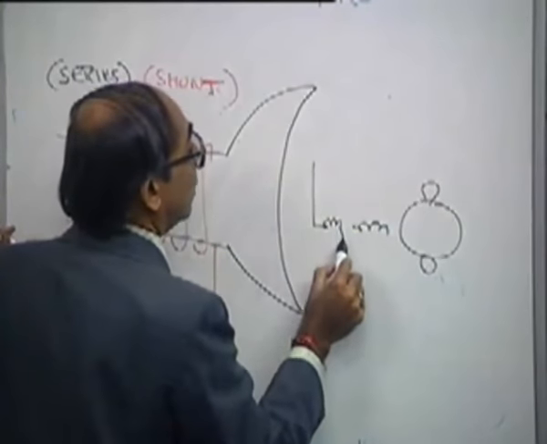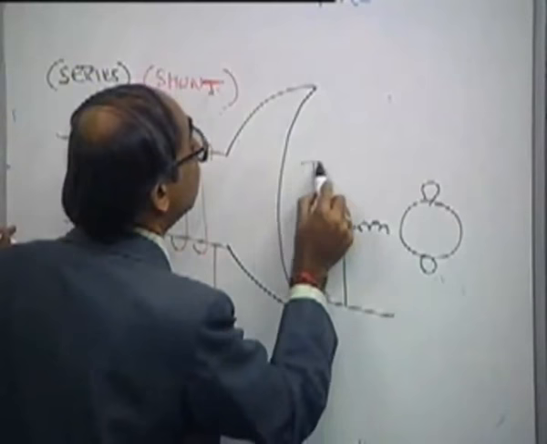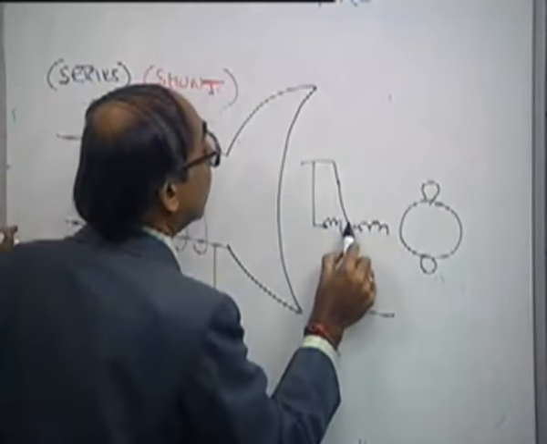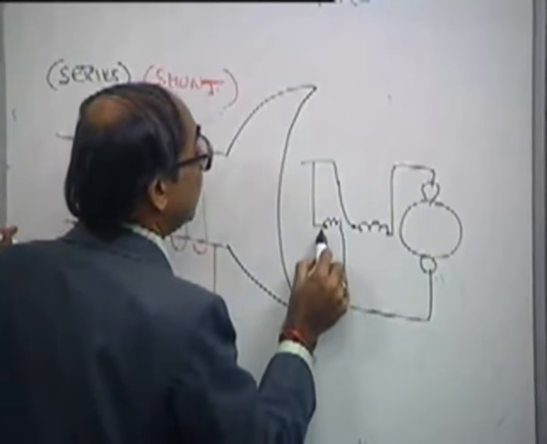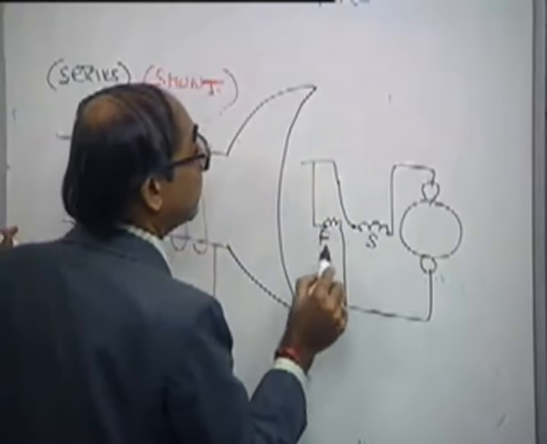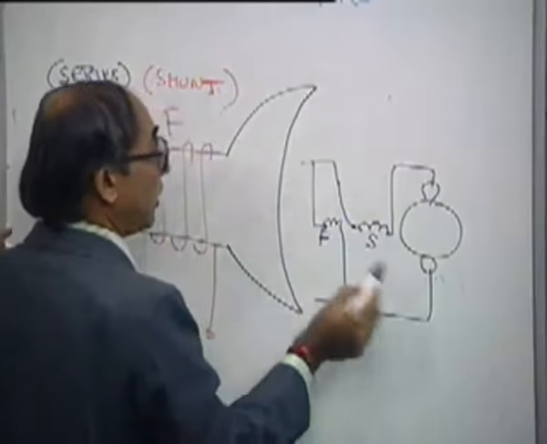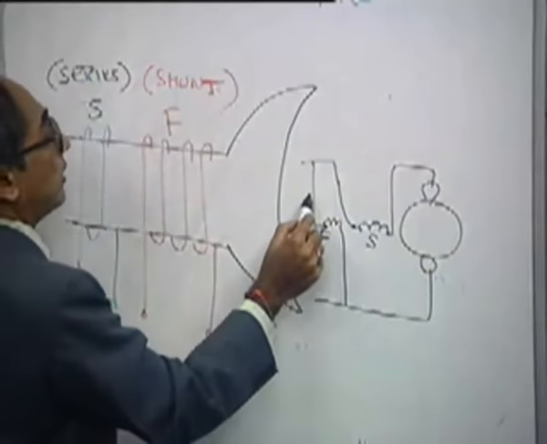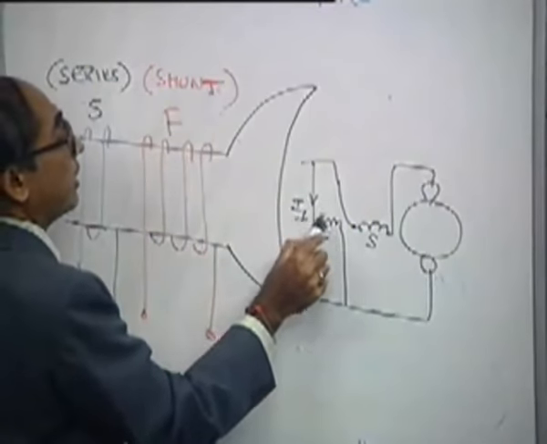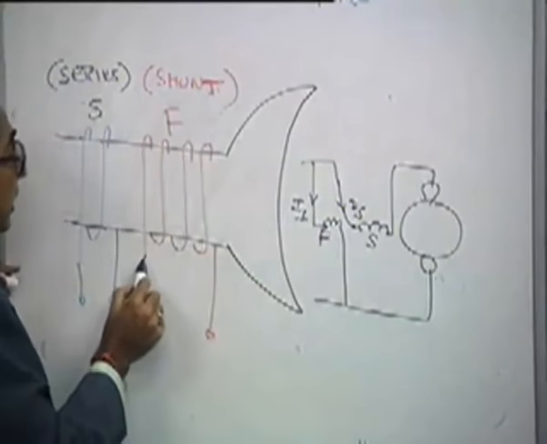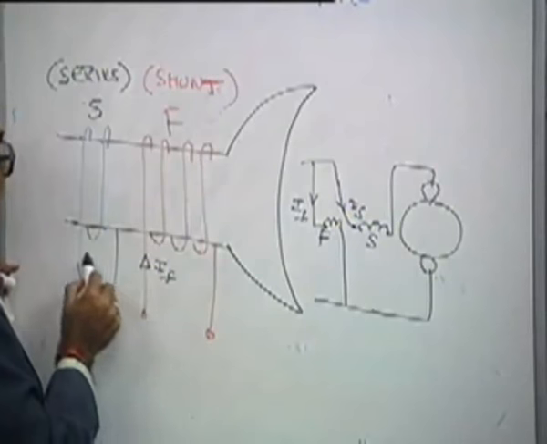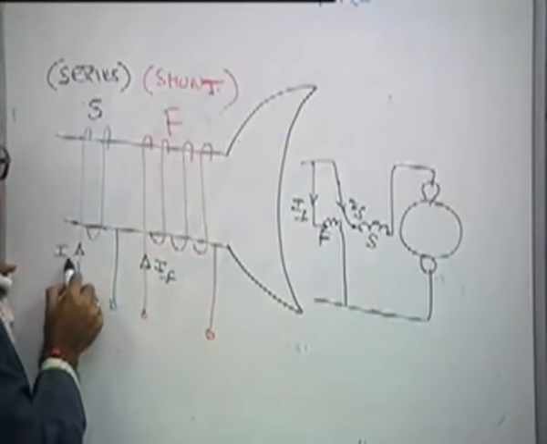One goes in parallel and another goes in series. So if this is F and this is S winding, both are present. So they will be carrying current, let us say IF and let us say IS. So this will be carrying a current IF and this will be carrying a current IS.